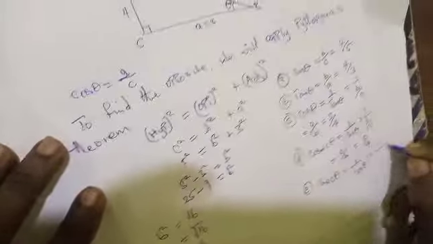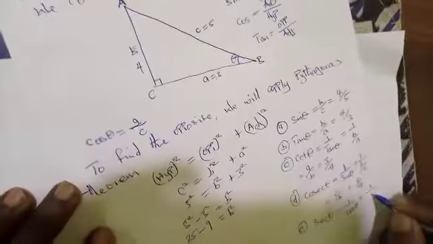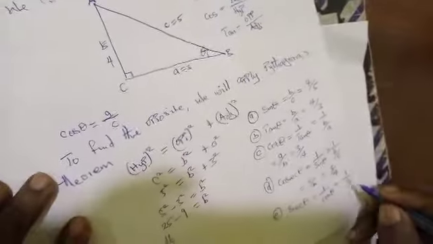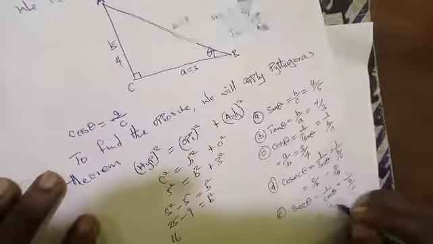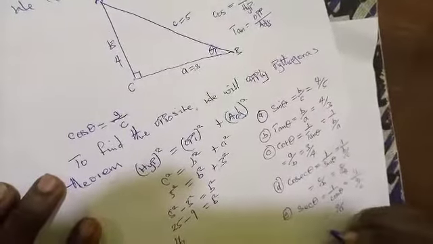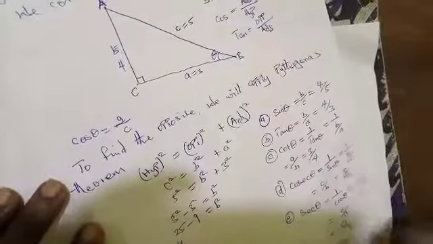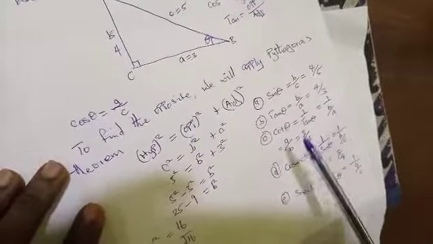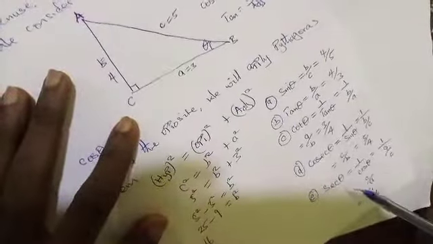And our cos theta from SOHCAHTOA is adjacent over hypotenuse, which is A over C. When you take the inverse as well, you have C over A, and our C is 5 and our A is 3. So we said our cos theta in the question is given as 3 over 5, and the inverse of 3 over 5 is 5 over 3, which is the sec theta.